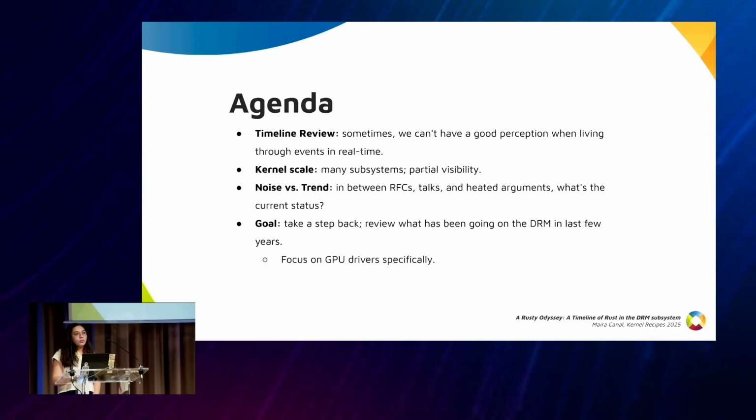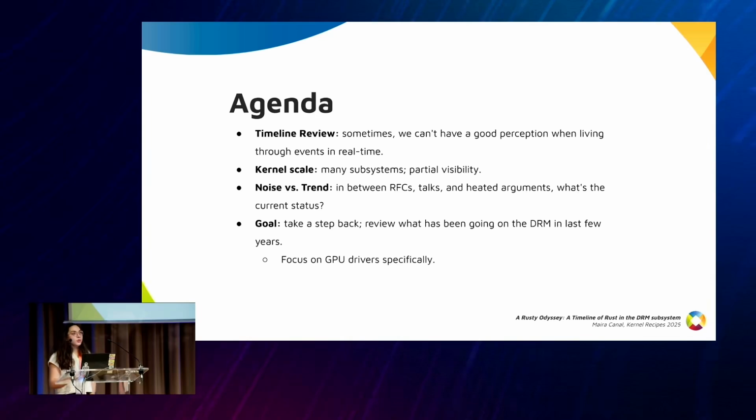But due to the fast flow of information that we live in our day-to-day lives, and also some isolation that exists between kernel subsystems, the kernel is huge, so it's very normal not to be completely aware of what's going on in other subsystems.